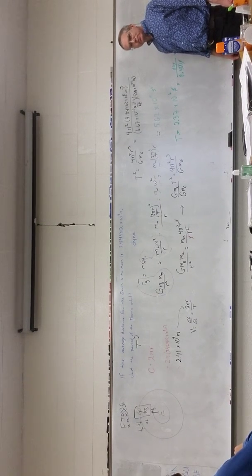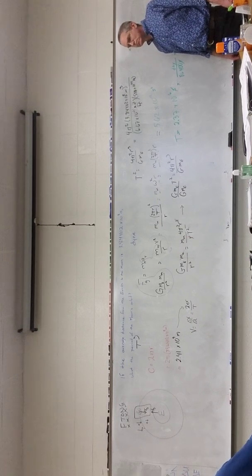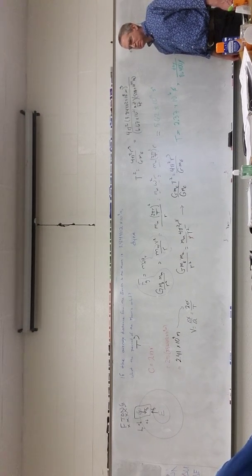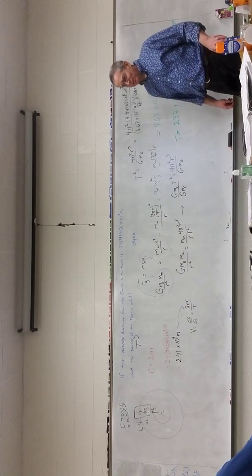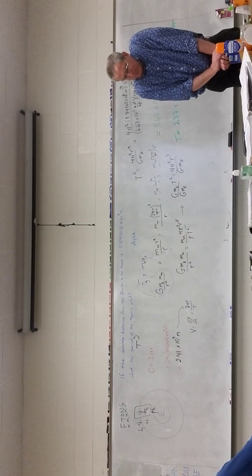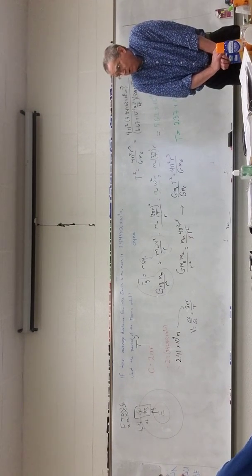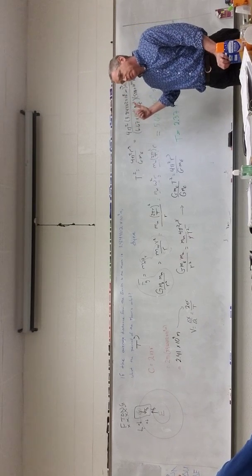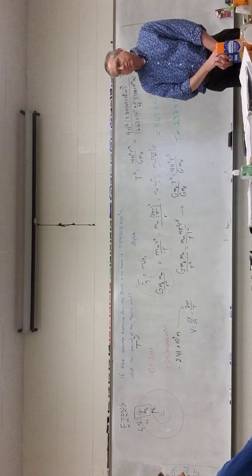Other questions on this or the test? If you ever get to a problem and you have two unknowns, what is the best way to go about solving the problem? All right, so if you have two unknowns and one equation, then either there's clues in the problem where you can ignore one of them, like we did earlier in one of the homework problems, or you missed an equation somewhere.